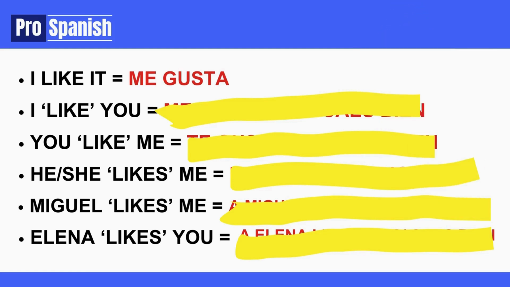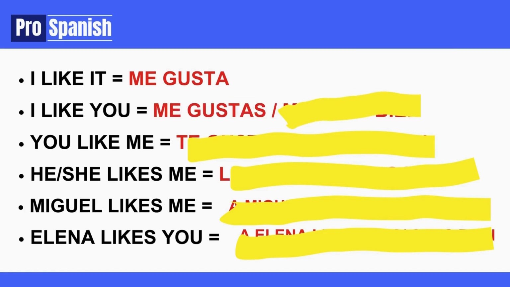So let's get down to the next one. I like you is me gustas. So gustas means you are pleasing or you are liked. You are pleasing. Who are you pleasing to? You're pleasing to me. Me gustas.